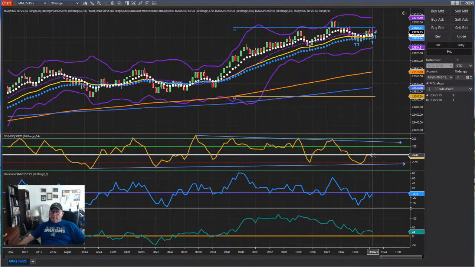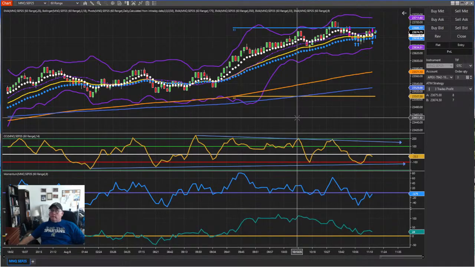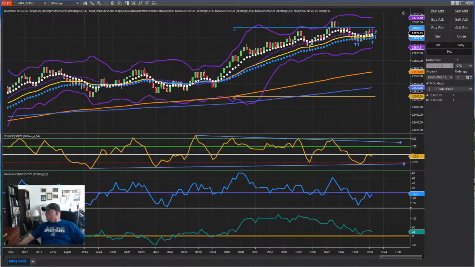So I'm watching this bar and this bar. This is held. And I'm watching the 3-minute chart, looking if we form another green bar. Or are we just in the chop right now?